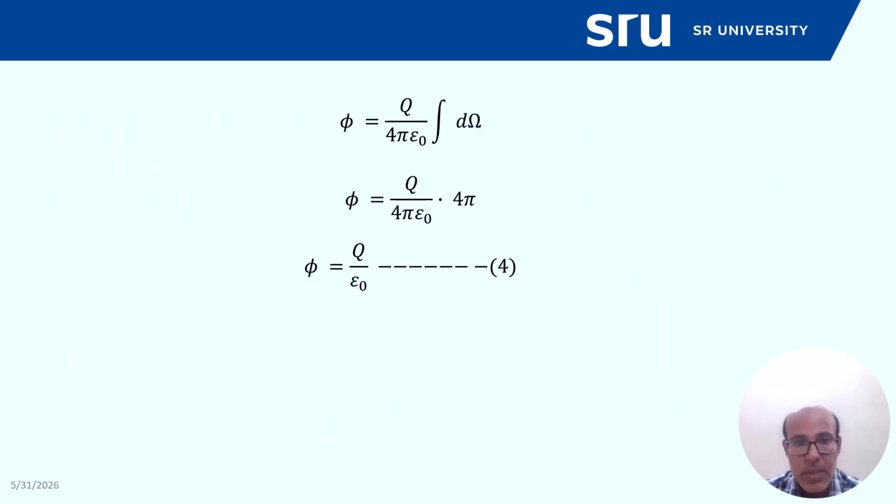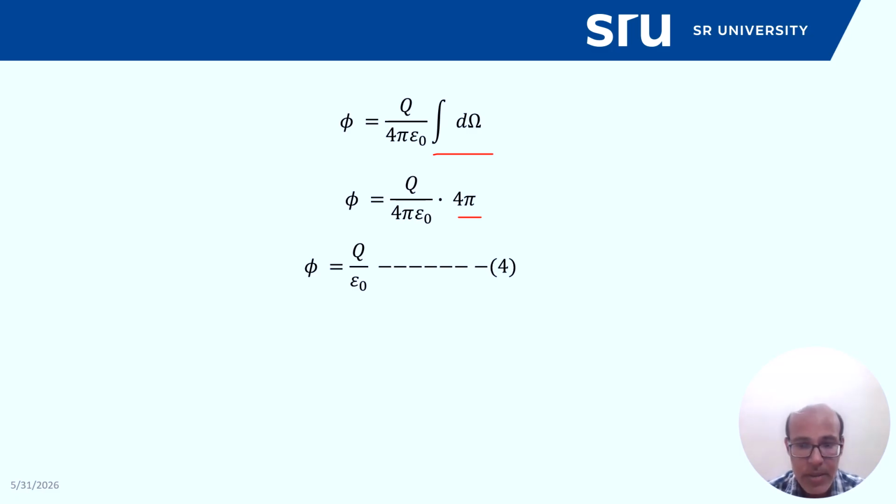This q by 4 pi epsilon naught is constant, so it comes outside. Integral d omega is 4 pi. That means the total solid angle subtended by the entire arbitrary surface is equal to 4 pi.